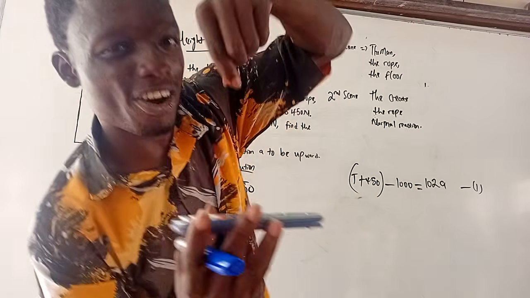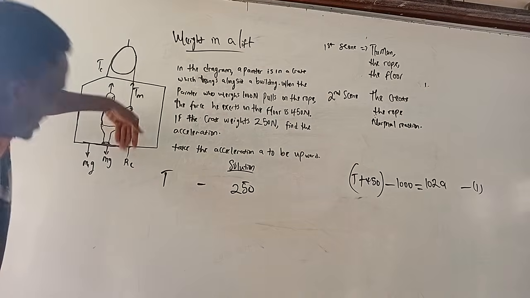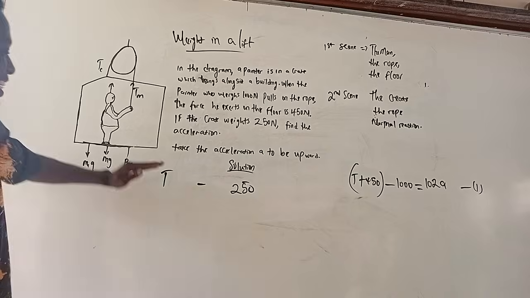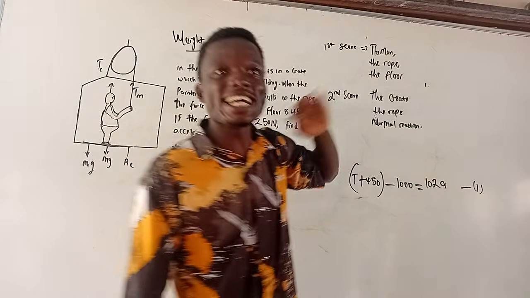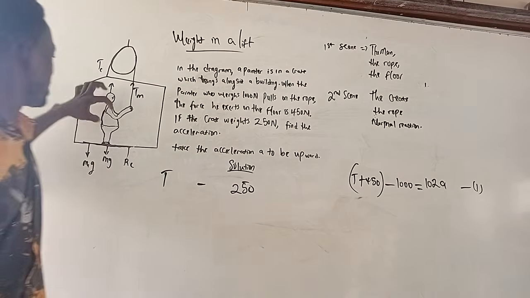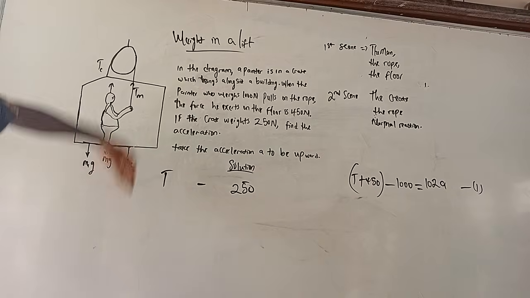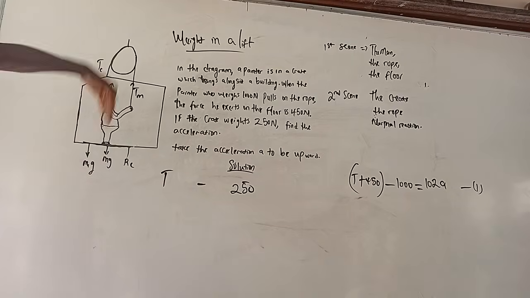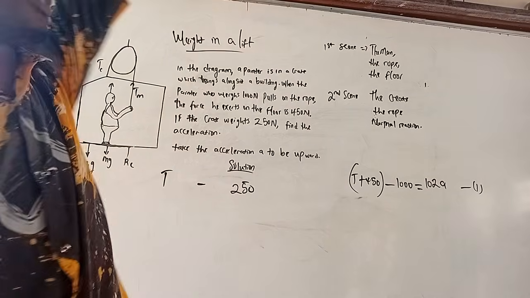But the reaction on this calculator is downward. The reaction on that crate is downward. But the crate is reacting on the man upward. That's why for the man, our normal reaction is upward. But for the crate, the man is the one standing on the crate, the one reacting on the crate. The weight of the man is on the crate. So the reaction of that man to the crate is downward. It's the reaction of the crate to the man that is upward.